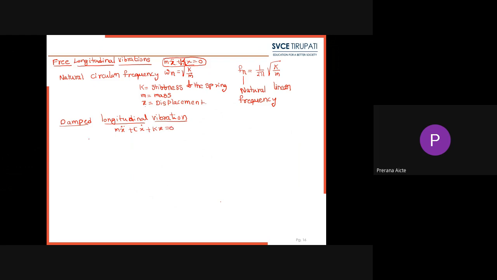And we have seen what the damping factor is also. C by Cc. What is this? Actual damping coefficient divided by critical damping coefficient.